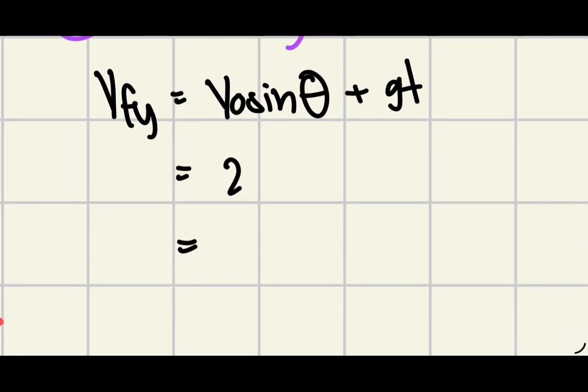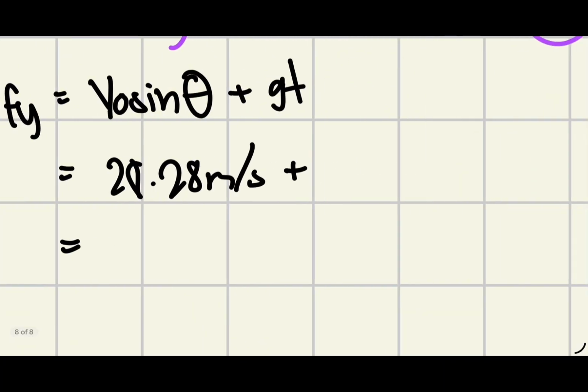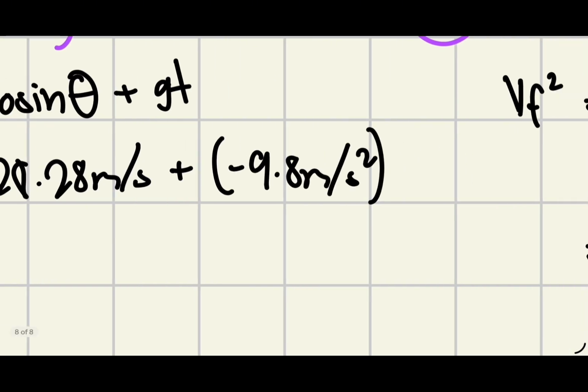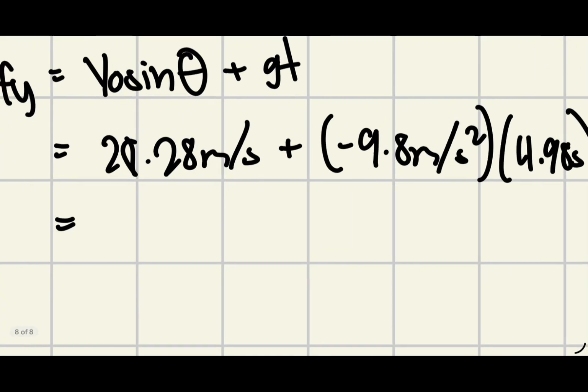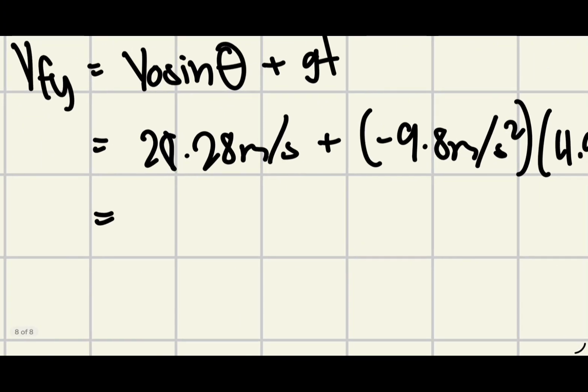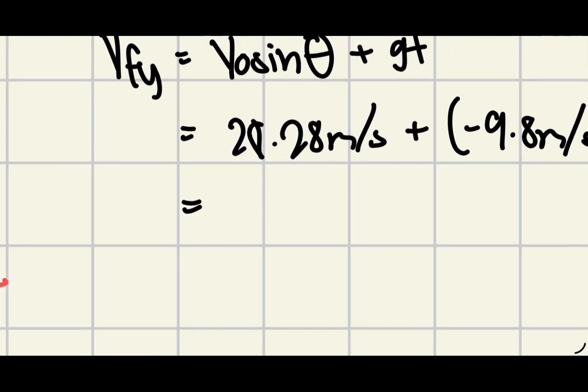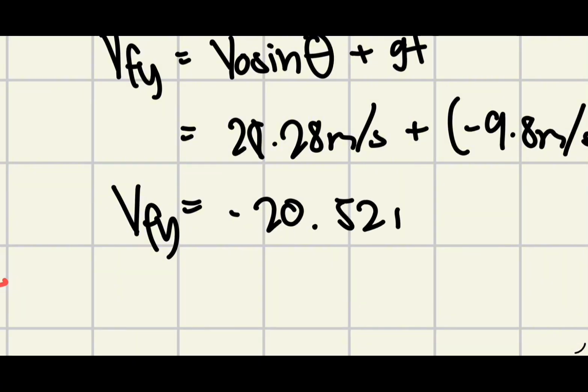So this is our vertical component, 28.28 meters per second, plus the gravitational acceleration, and then multiplied by our total time, which is 4.98 seconds. So we put this all in our calculator. This is just equivalent to negative 20.52 meters per second.